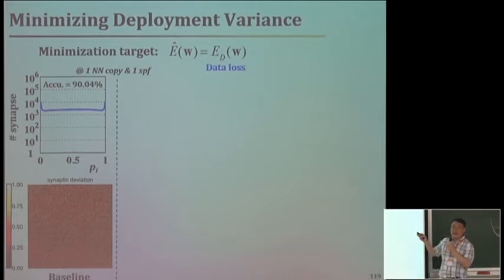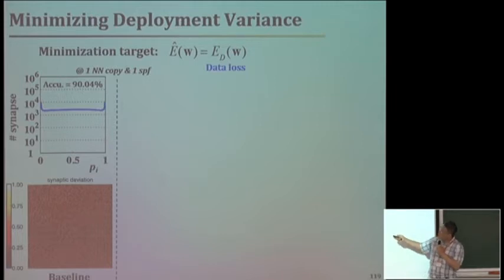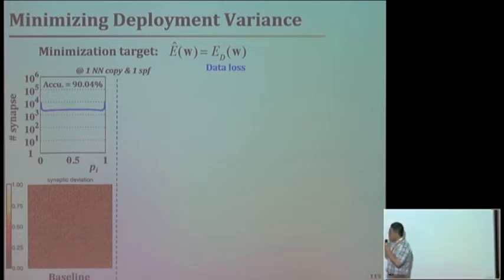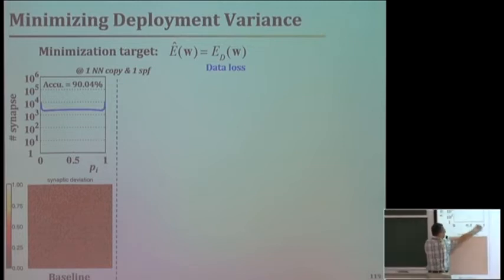Originally, we got data loss here. If we don't add any penalty during the training, which is what IBM does, the training weight will be evenly distributed between 0 and 1.